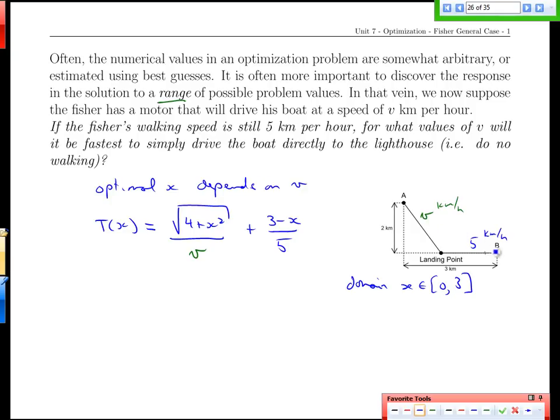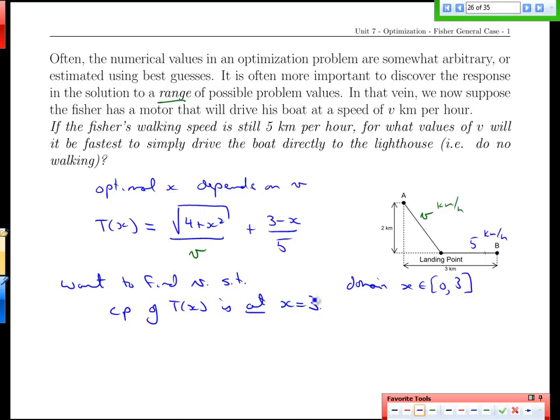At some point, when we increase v enough, we will reach that point where it's best to go straight to the lighthouse. So what we want to find is v such that the critical point of t of x is at x equals 3.